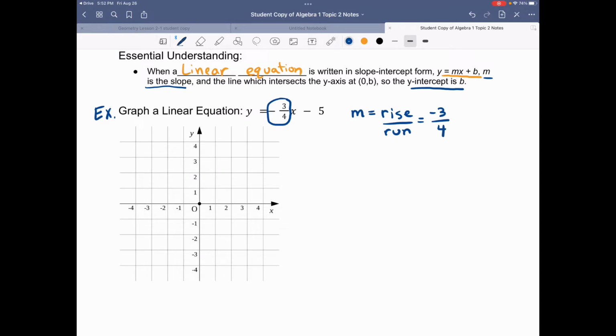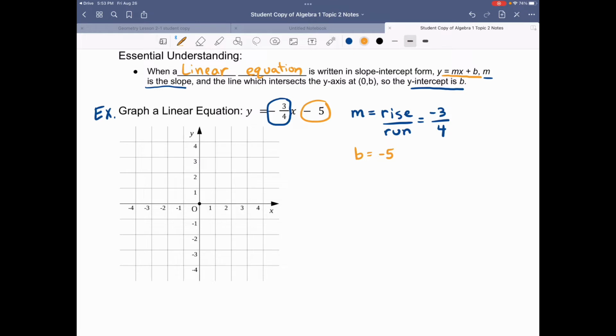And then our y-intercept, we use the letter b, and that is this number here. It's the number that does not have a variable attached to it, and so our y-intercept is -5. And when we're graphing, we want to know where that coordinate is.